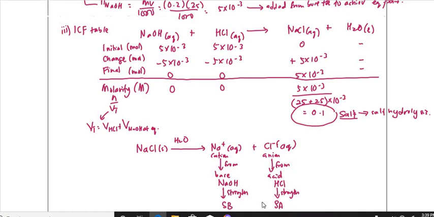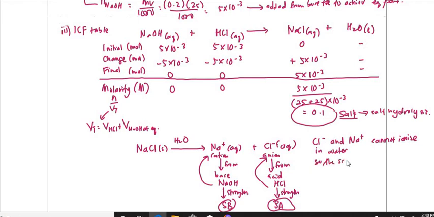Since both ion is strong, that means we can conclude, okay, Cl minus and Na plus cannot ionize in water because it comes from the strong base and strong acid. So, the salt NaCl is neutral salt.